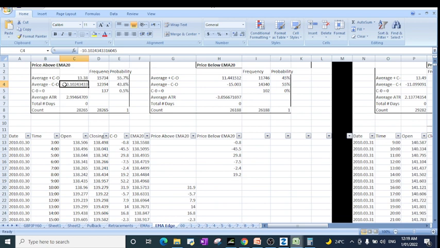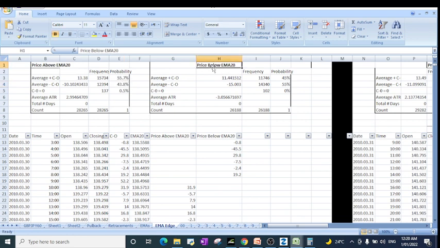So this straight away tells me that maybe there is something here. The number of times when we are above the 20 period moving average that you get a bullish close is 55%, and the number of times we get a bearish close is something like 43%.